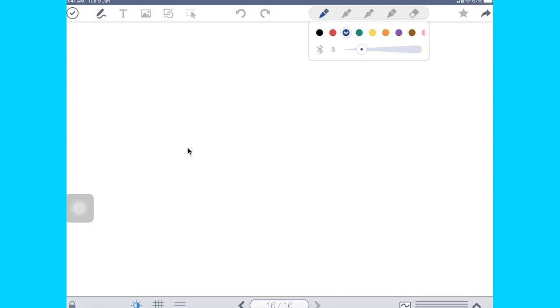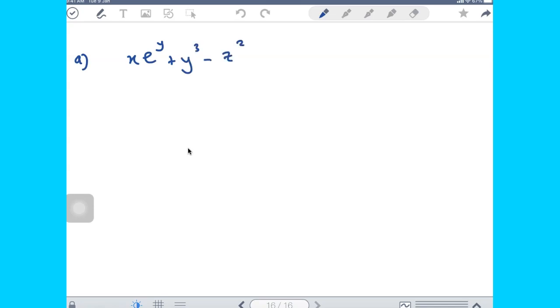So now, to answer A, you have x e^y plus y cubed minus z squared. Now your function is in terms of x, y, z. You define your new form as the implicit function.